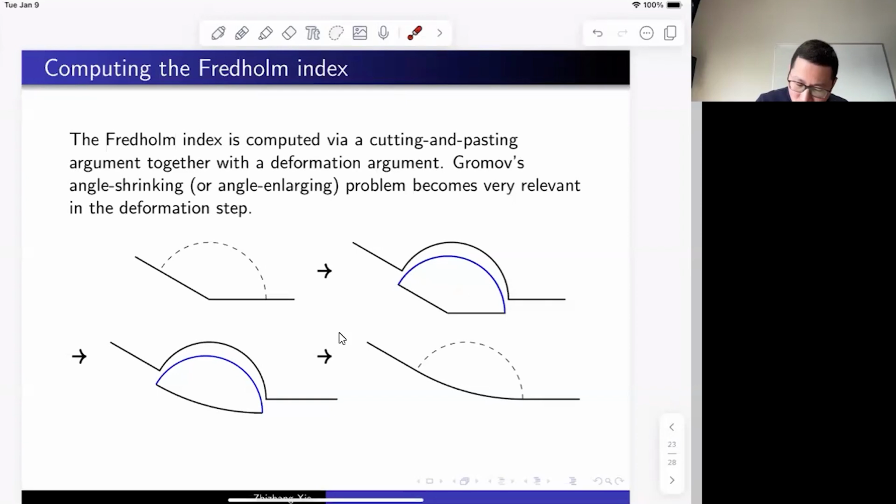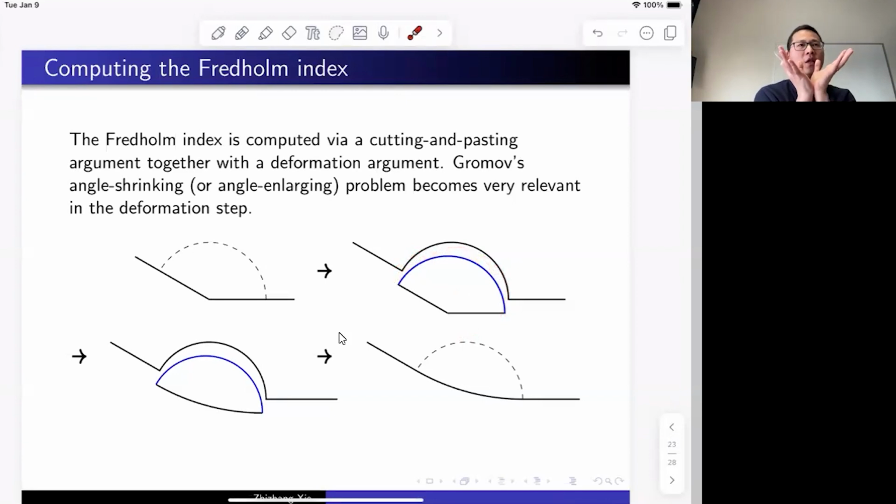But the key observation here is that through this deformation process, with the correct deformation, we can deform a situation like that with strict dihedral angle comparison.